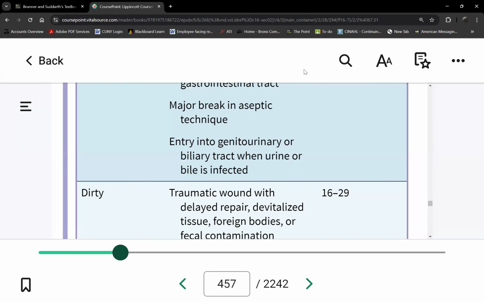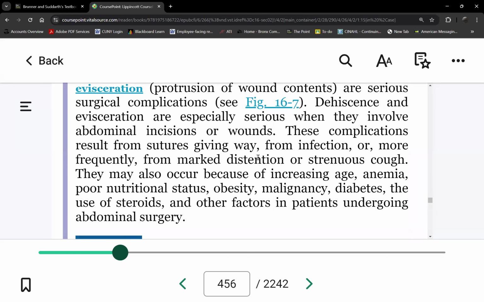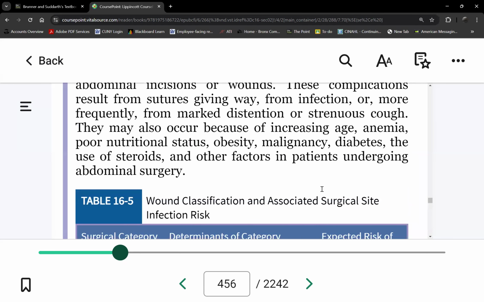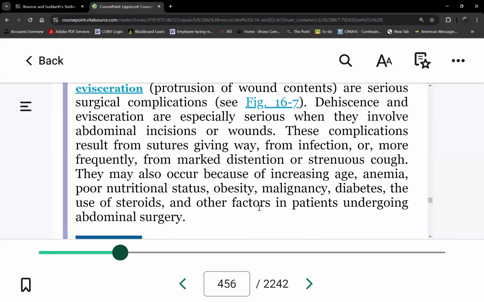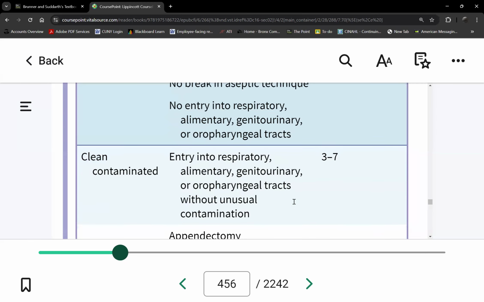What will cause dehiscence? The risk factors are the following. If the patient is coughing, for instance, or the patient's obese and did not splint the incision properly, they moved. Or patients on steroids. Those are all factors that will affect wound healing.